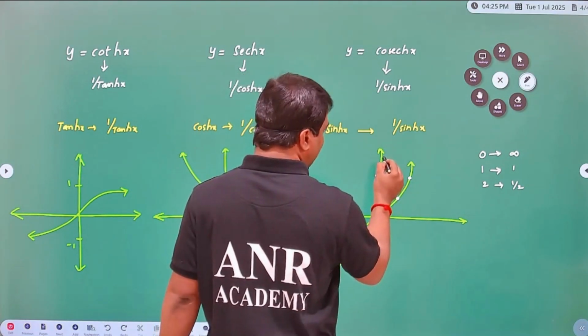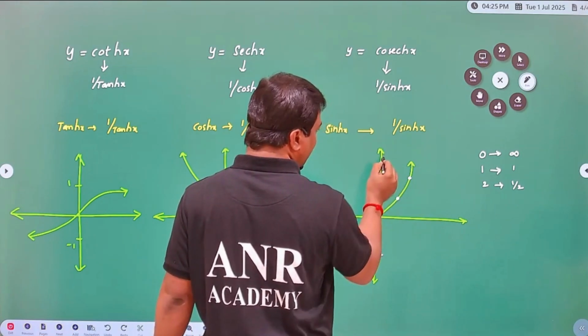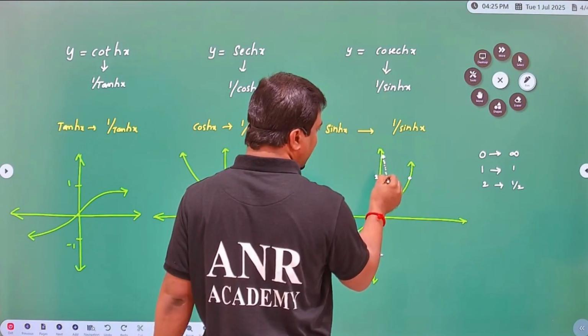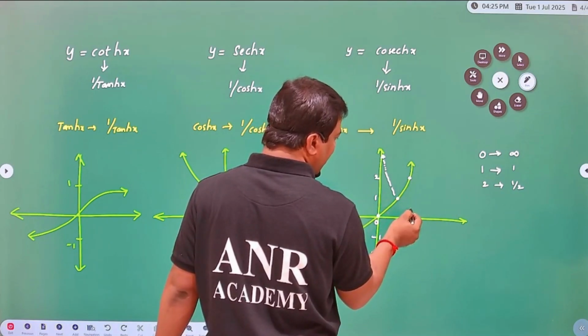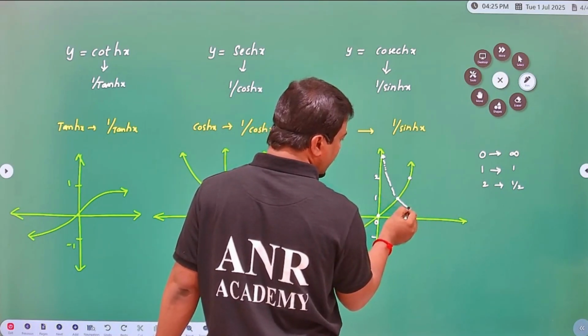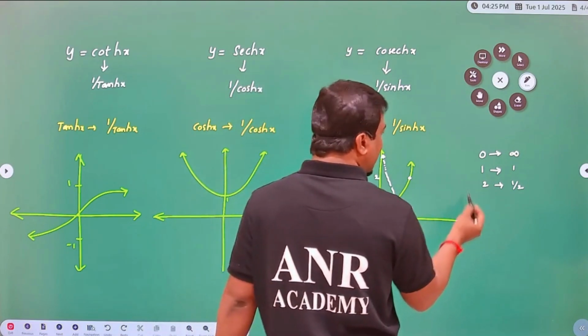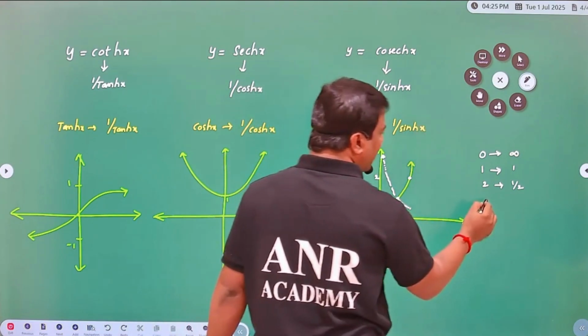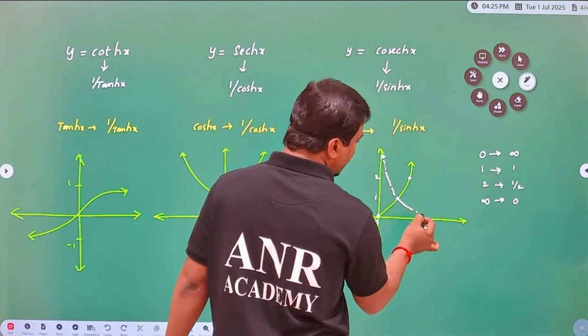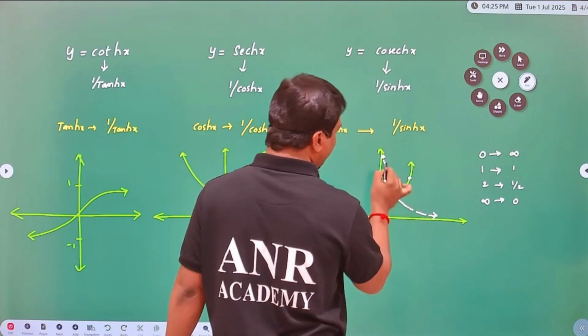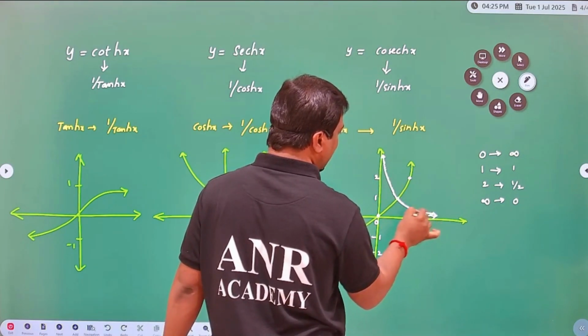Next, in the first quadrant, let us draw the graph first. This shaded portion, that is the white colored graph, indicates the reciprocal graph. As x extends to infinity, the reciprocal goes to 0. So the graph decreases in this way.